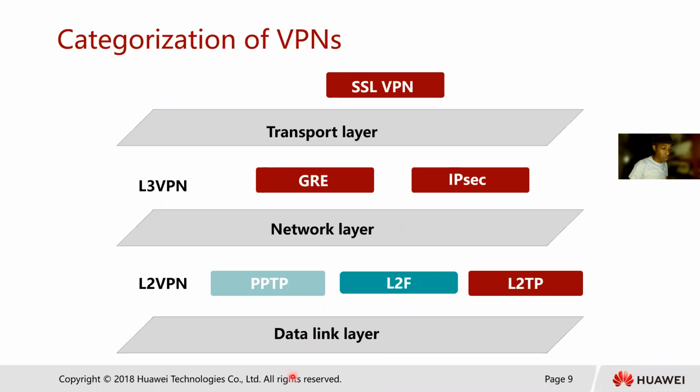The data link layer usually has PPTP, L2F, as well as L2TP. So most of the time you have point-to-point tunneling protocol, layer 2 forwarding protocol, and layer 2 tunneling protocol. All these are within layer 2.